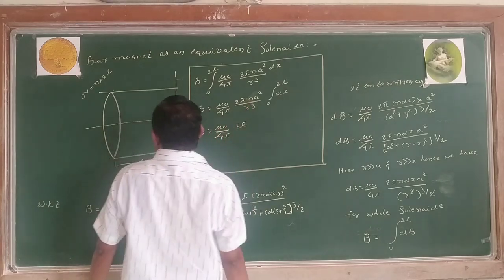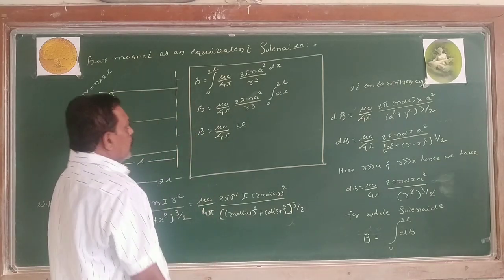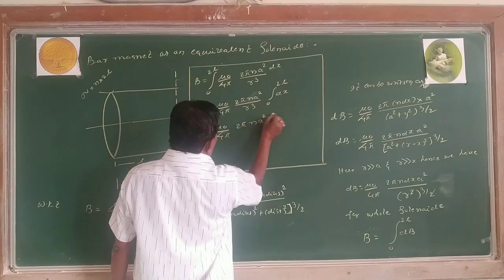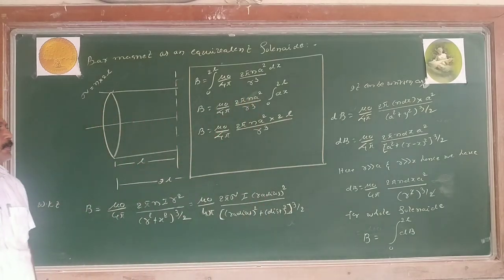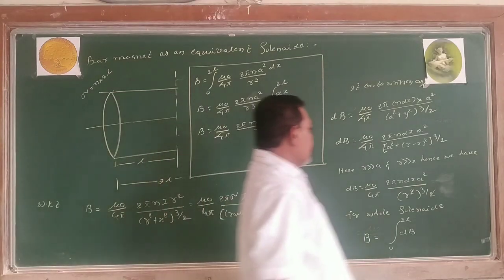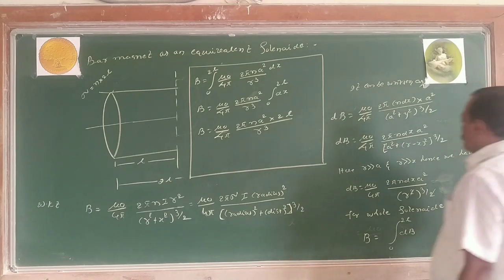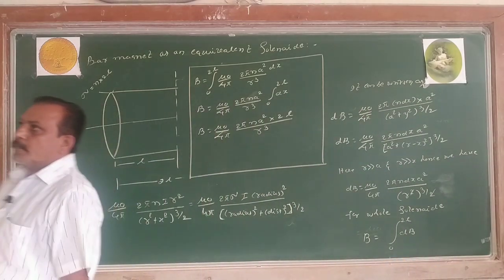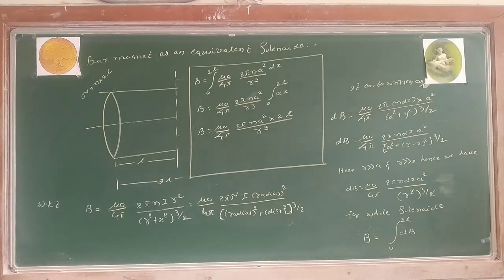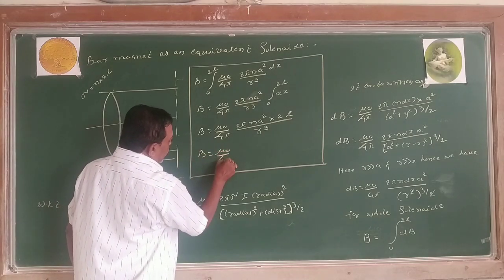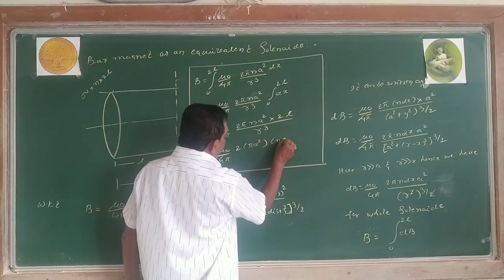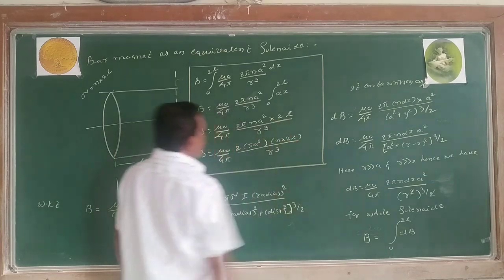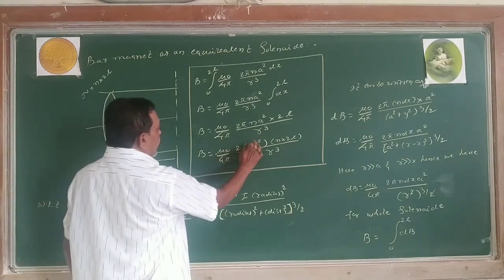What is a small n? Right? Small n a square into 2l divided by r square, r cube. Right? Have a look once. So let me arrange it neatly: mu naught divided by 4 pi, 2 pi into radius square. Shall I write n into 2l by r cube? Right? n into 2l is capital N.